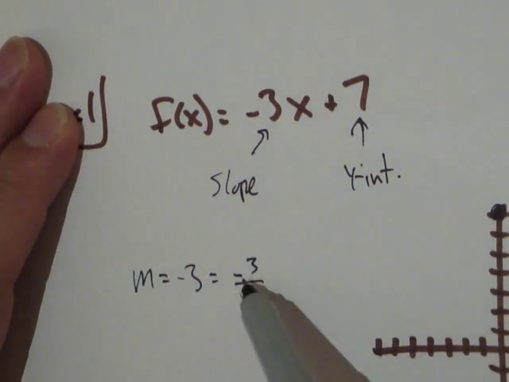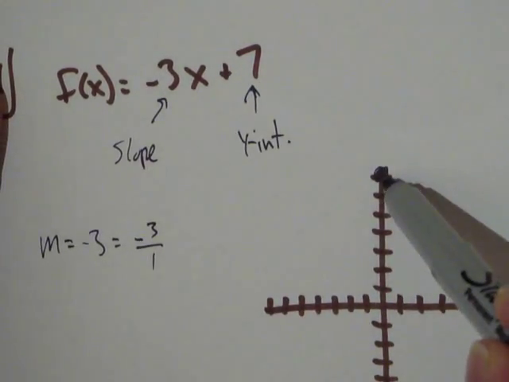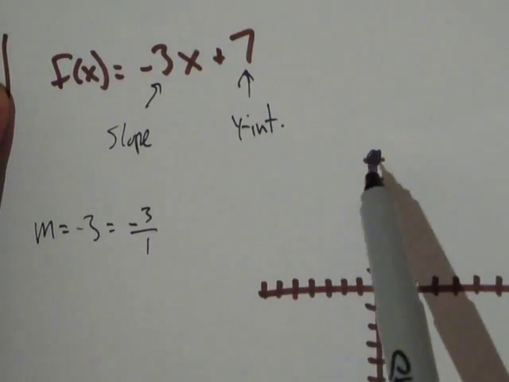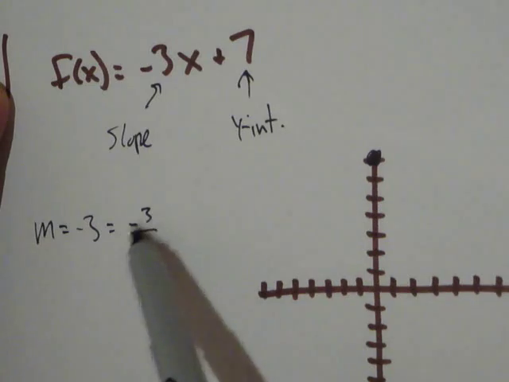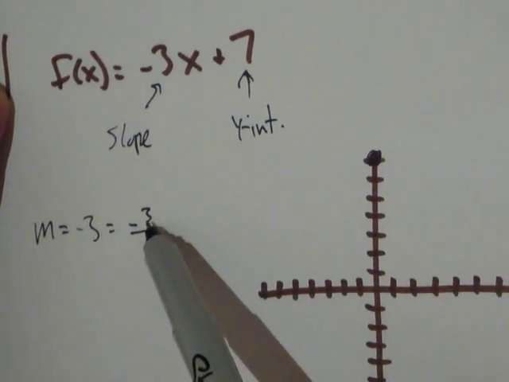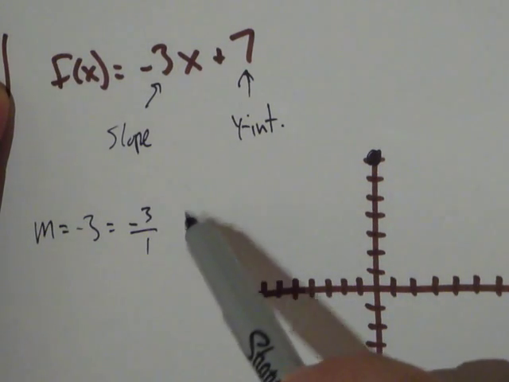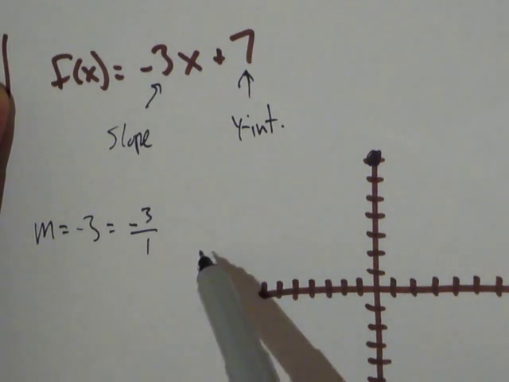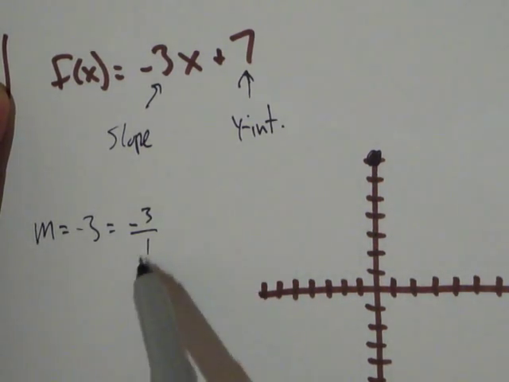It's like directions for how we go from one point on the line to the next point. The rise, or the up and down part, is minus 3, and the run, or the left and right part, is 1.